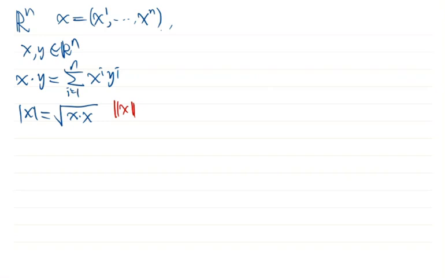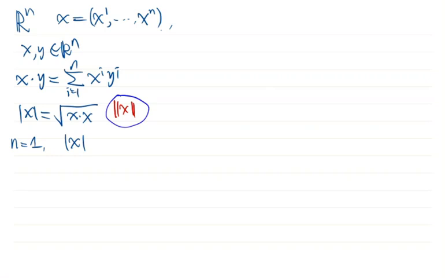Of course, if you prefer the double bar notation, it is also okay. The single bar is justified because if n equals 1, this is the same as the absolute value. Therefore, we use the single bar even for higher dimensions.